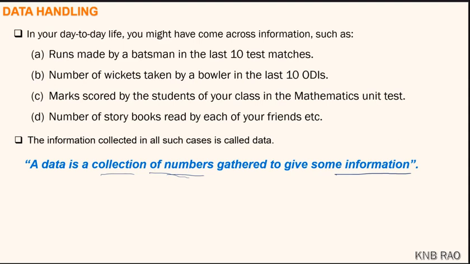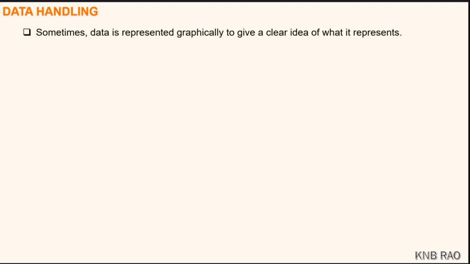So you can note down this important definition of data meant for objective type questions. Then coming to the further, sometimes this data can be represented graphically to give a clear idea of what it all talks about.